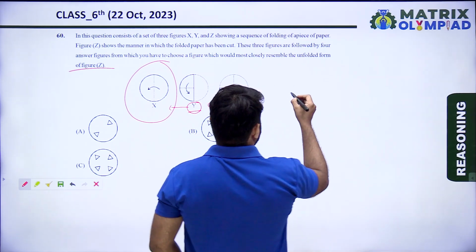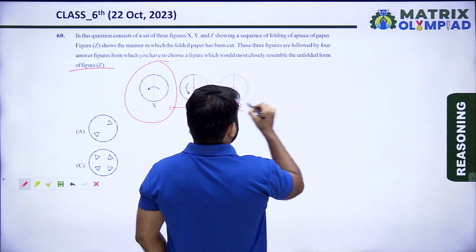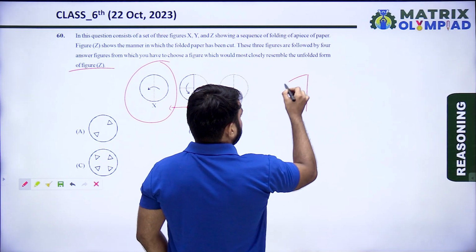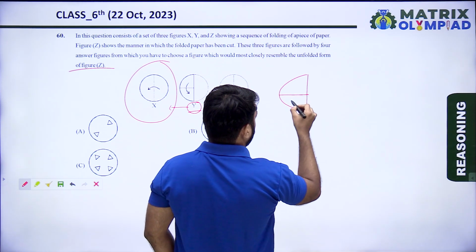So first of all, find the mirror image of Z. So mirror image of Z looks like as follows.